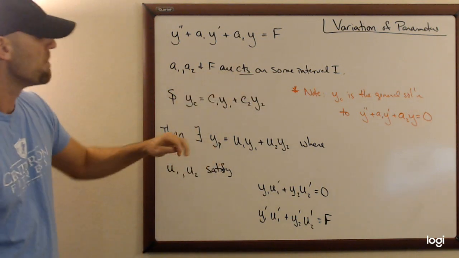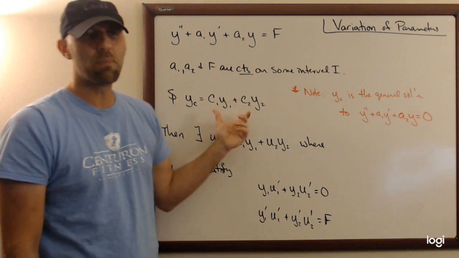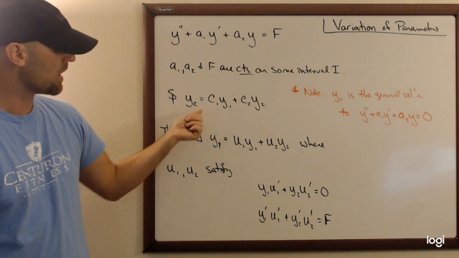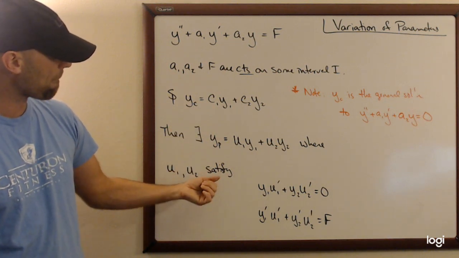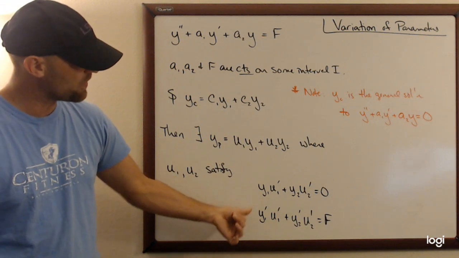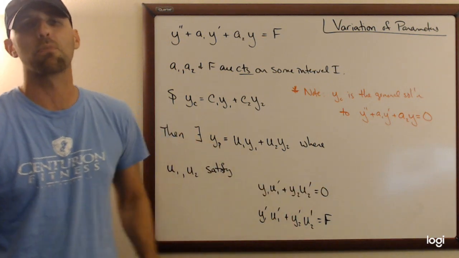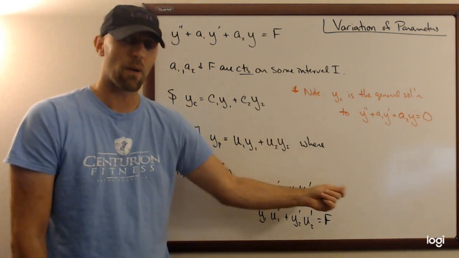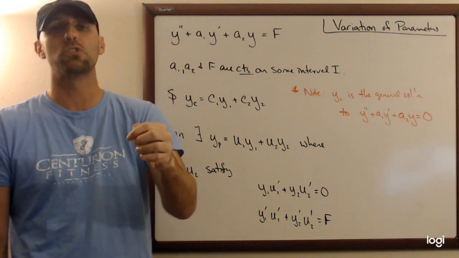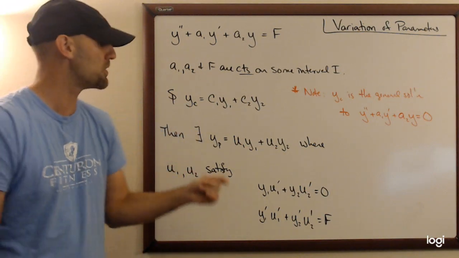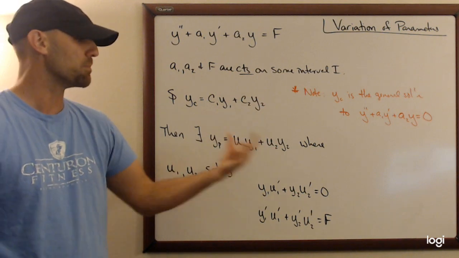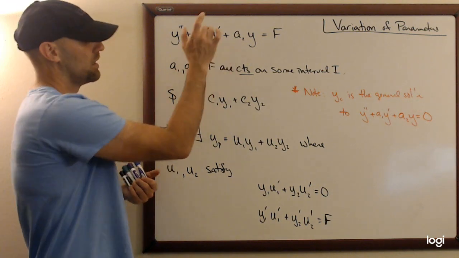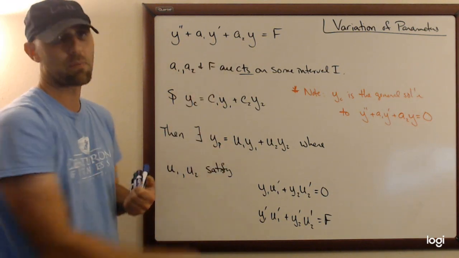And then once I have the linearly independent basis vectors for the solution space of the complementary function, I'm going to put those into this system, and I'm going to solve for u1 prime and u2 prime. Okay, assuming I can solve a system, that will work. But now that I have u1 prime and u2 prime, of course, I can just integrate those to find u1 and u2, and then that gives me a particular solution. Then I know that the general solution here is just the complementary solution plus the particular solution.